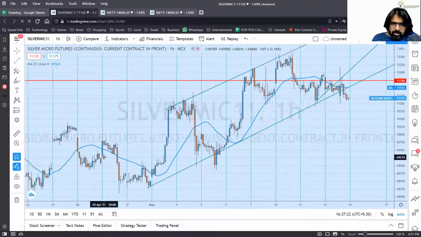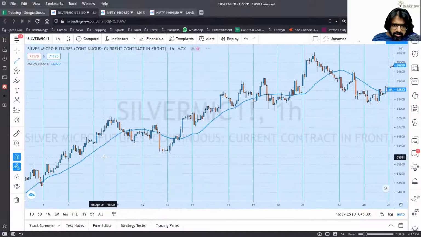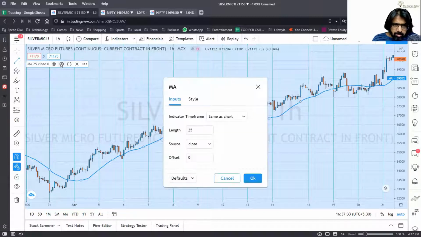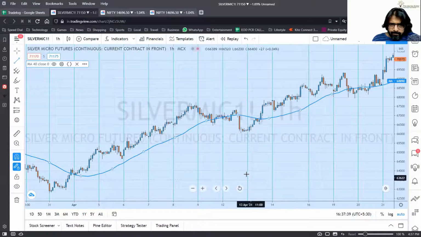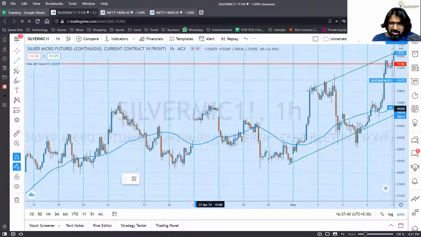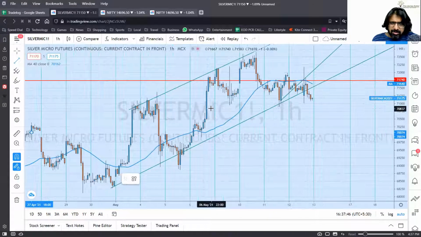Now this moving average is obviously not the one that I had made earlier. Let me make a better one. For silver I use a 40. So this moving average reasonably tells me what the trend is.